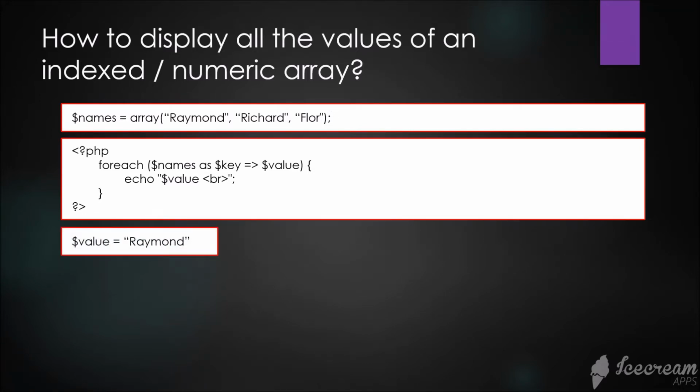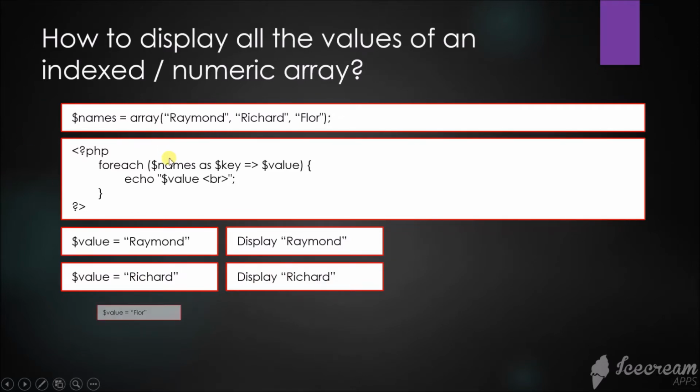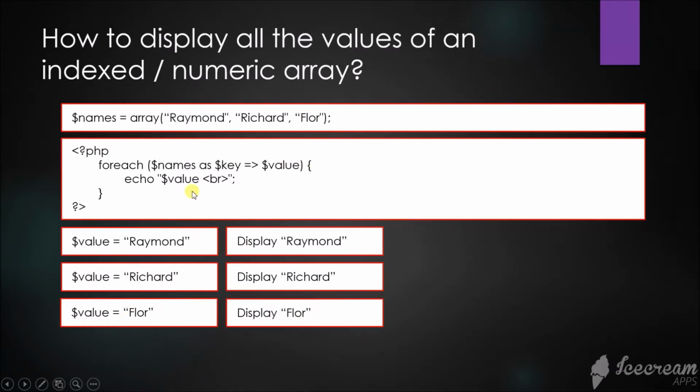The first thing that happens is the first item will be assigned to the value variable, then displayed, which is this part. Then next iteration, it will assign the second value to the value variable and display. Then next iteration, it will assign the third value, which is Floor, to the value variable and then display.